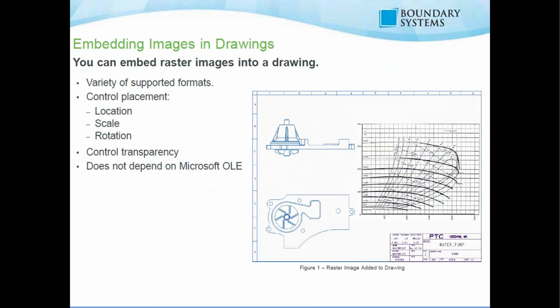There are different scenarios of pump flow or characteristics that were done out in the lab. We take that information and then we can put that right into our drawing. And then do some manipulation, as we see, like translate it, rotate it, and scale it appropriately.